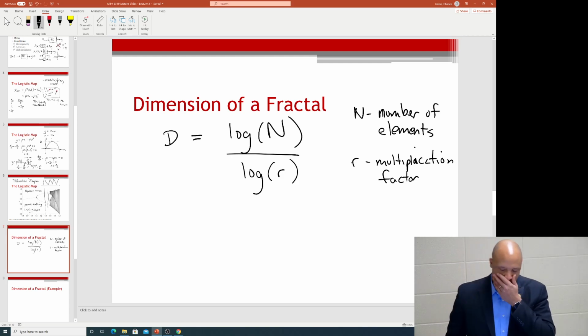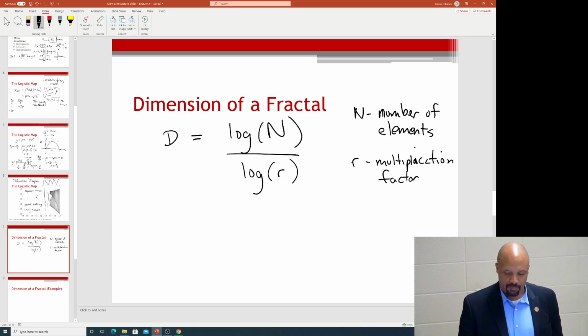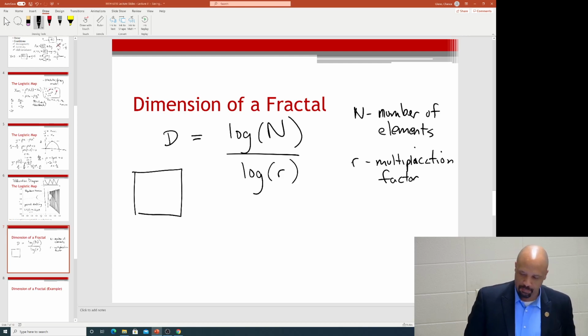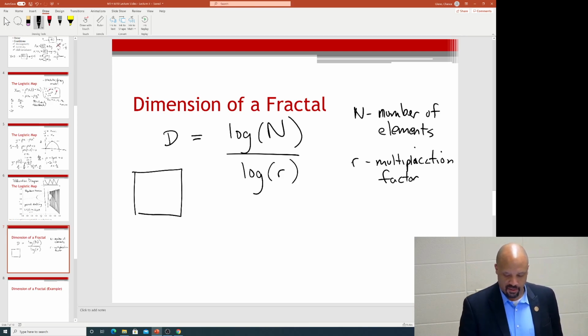All right, let's look at an example first in two dimensions. Let's just have a box, and let's say this box is of unit length, 1, 1, 1, 1.